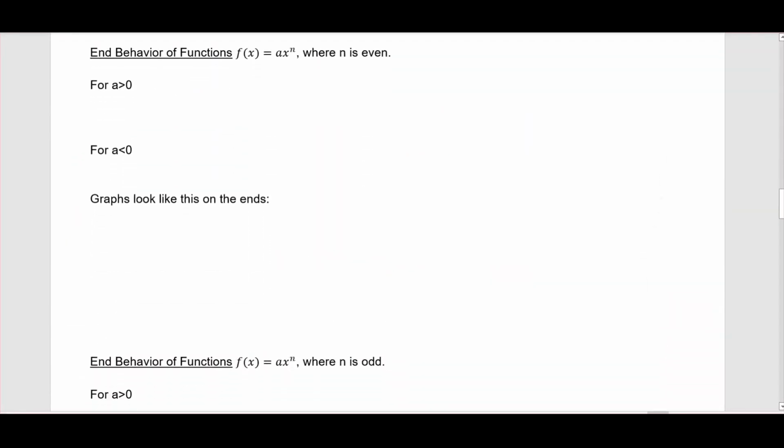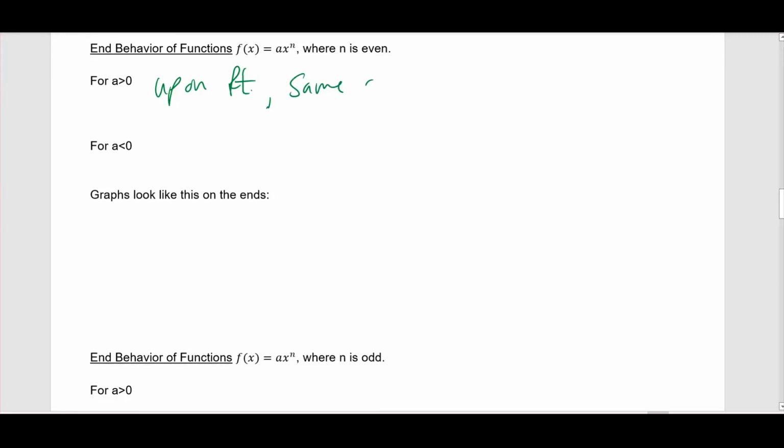So the behavior of functions where n is even: for a greater than 0, it goes up on the right, same on the left. For a less than 0, this goes down on the right, same on the left.